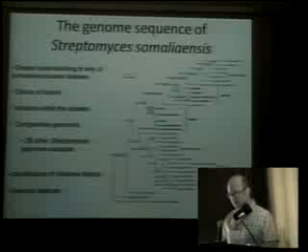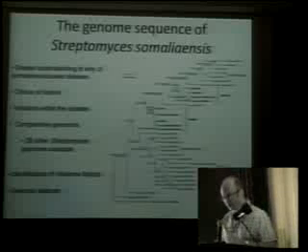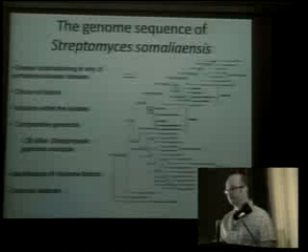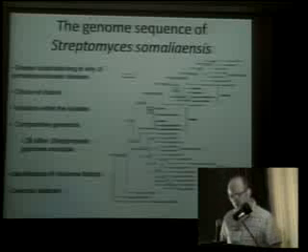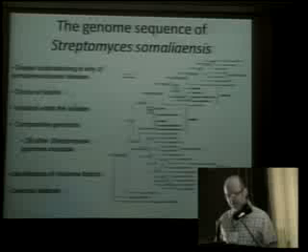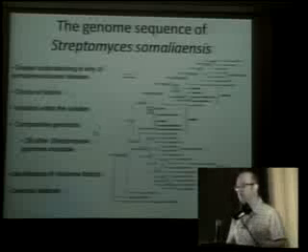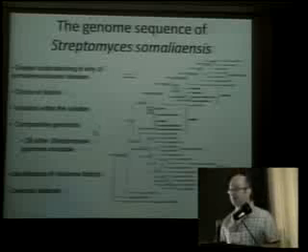So we took the approach of looking across the whole grouping of the Streptomyces and also looking at where the pathogenic Streptomyces lay within this tree. So we had a choice of strains, and we knew that there was some variation within the isolates. We also have the powerful tool of comparative genomics.